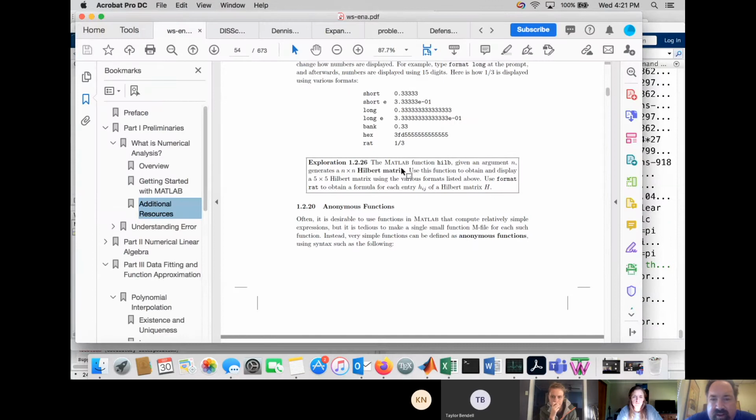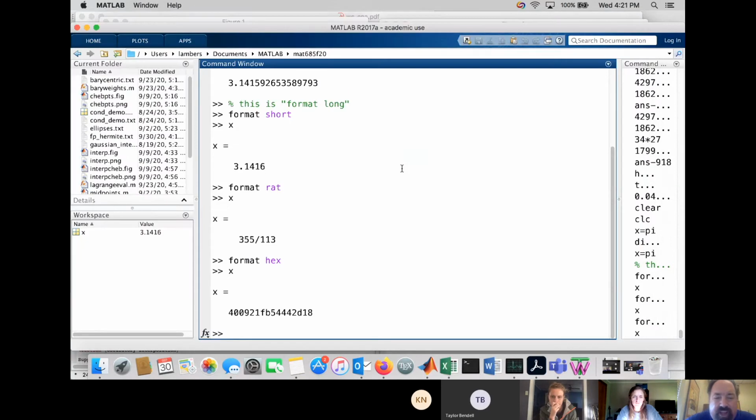And, well, first of all, what is hex short for? What does that mean? If anyone knows. You might not unless you have a little bit of computer science background.